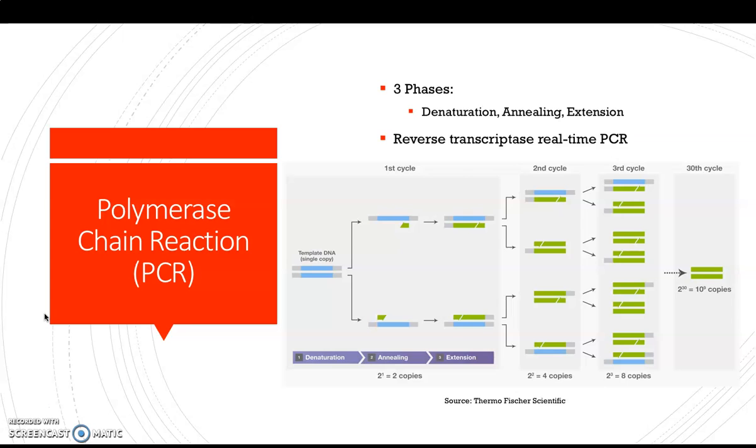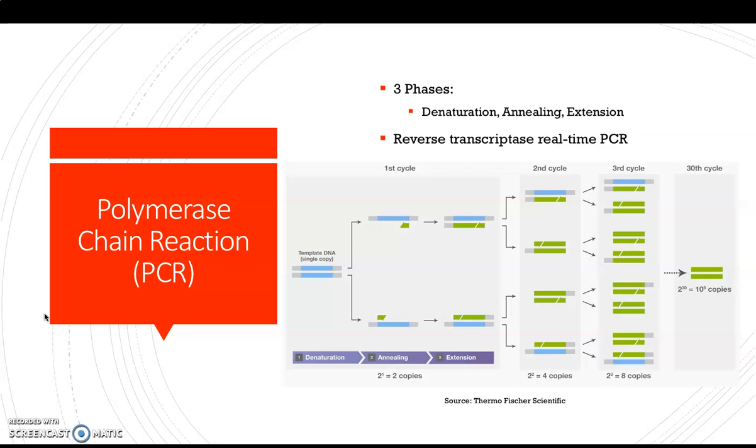Polymerase chain reaction is an in vitro method of producing multiple copies of a specific DNA segment. This process undergoes 3 temperature phases shown in the picture of denaturation, annealing, and extension. The purpose of the first phase is to denature the DNA and separate its strands by adding heat.